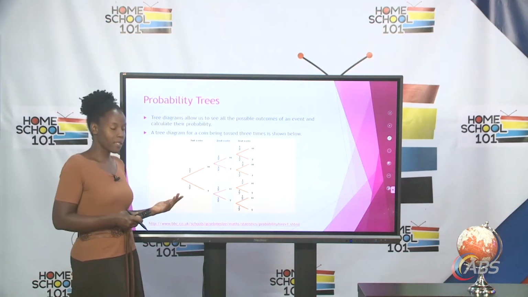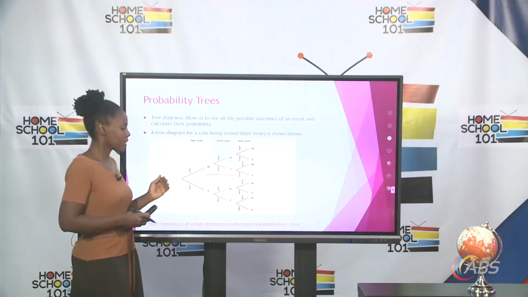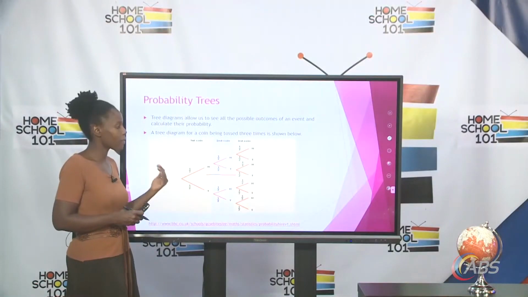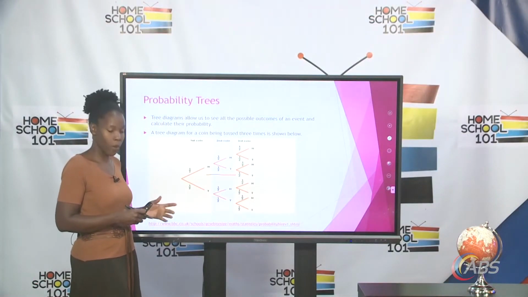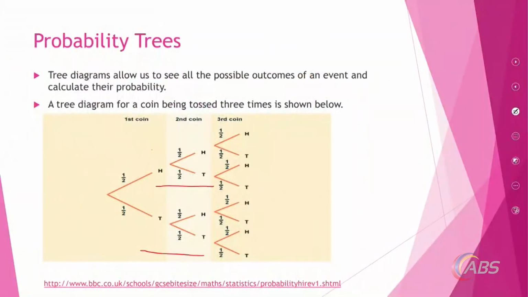If on the first toss we obtained a head, and I toss the coin again, my chance of getting a head is a half, and the chance of getting a tail is also a half. Down here, I'm looking at the option where my first toss gave a tail: what is the probability of getting a head or a tail?